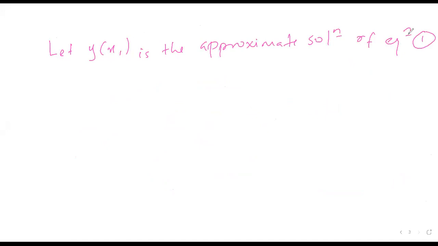Since dy over dx is some f of x, y, what are we going to solve? Actually, we want to find the solution in terms of y. So y will be a function of x.